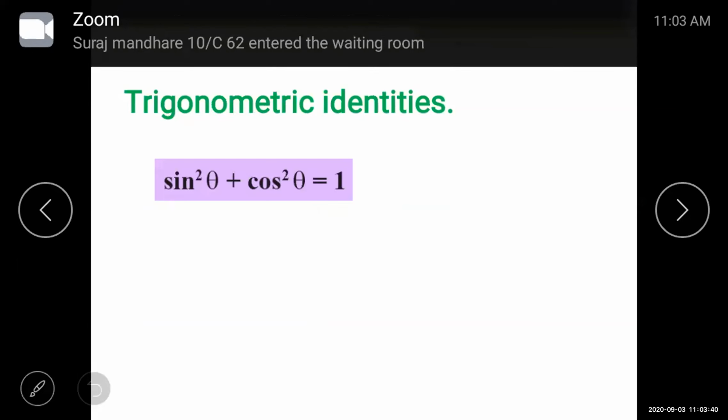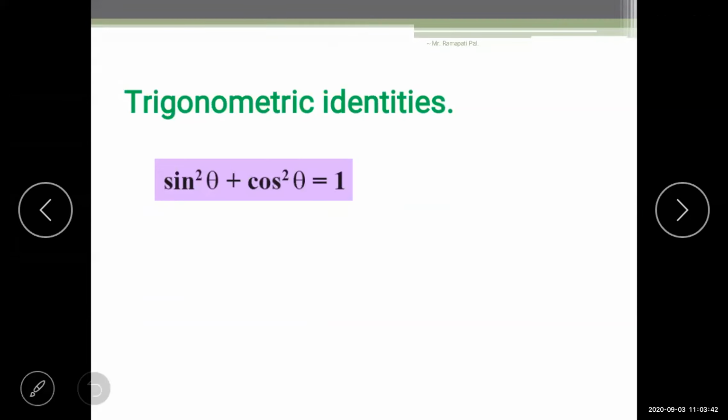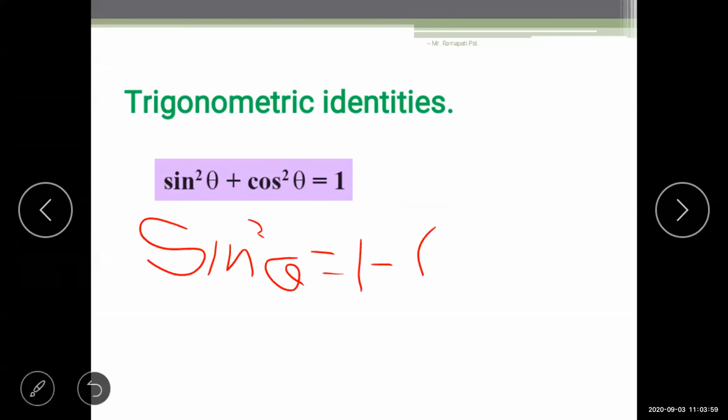Main identity is sin square theta plus cos square theta is equal to 1. And then we can say that sin square theta is equal to 1 minus cos square theta.